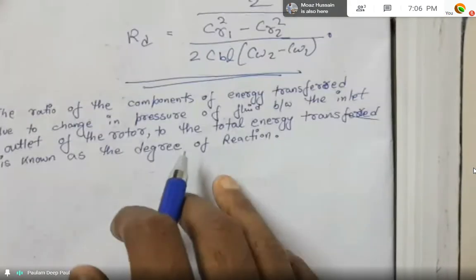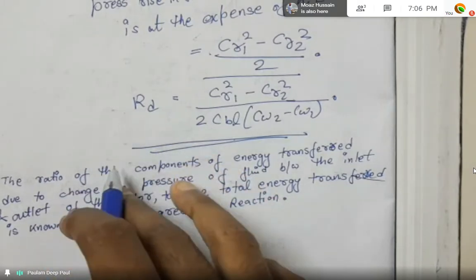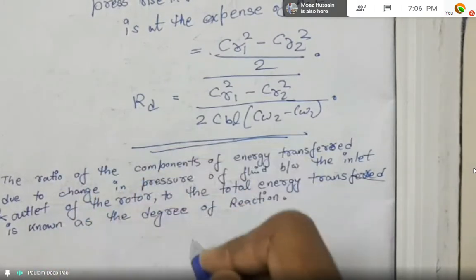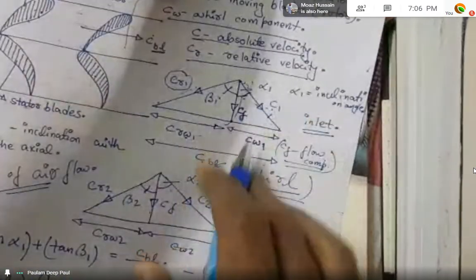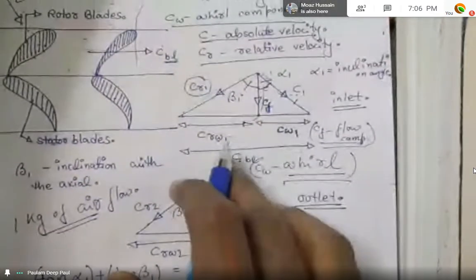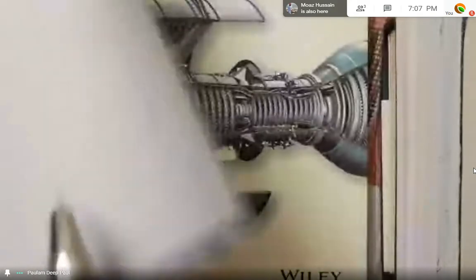If you have any confusion, you can always go to the start of the video, and while you are learning, you can also draw the velocity triangle for inlet and the velocity triangle for outlet as I have drawn here.